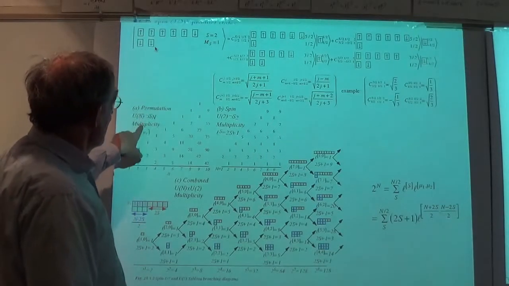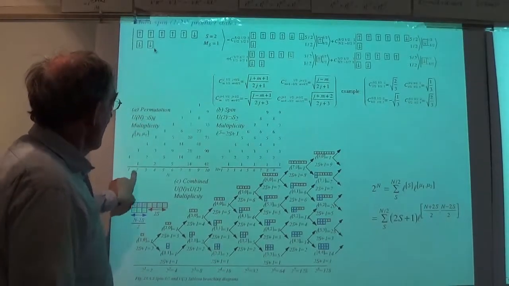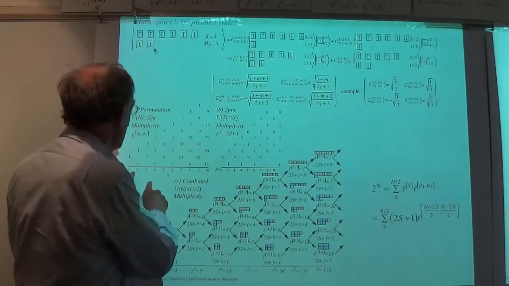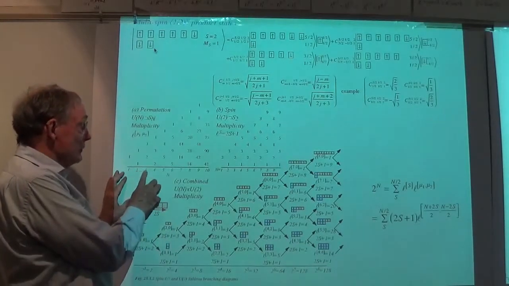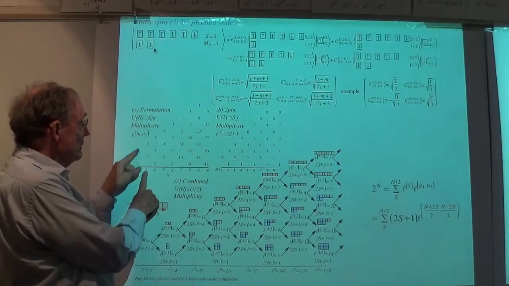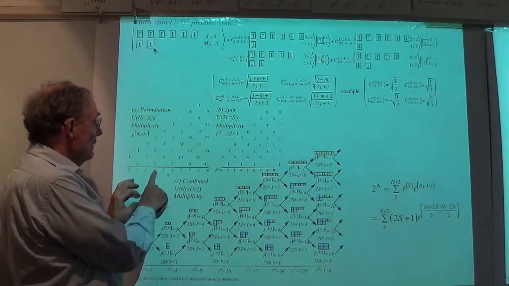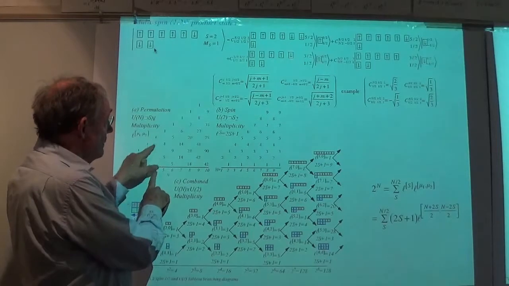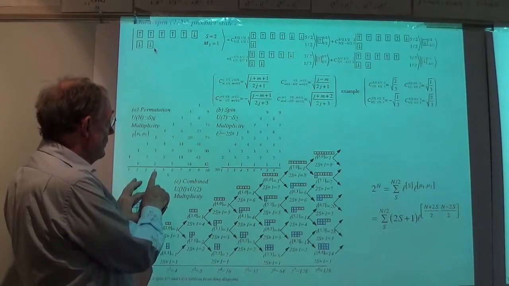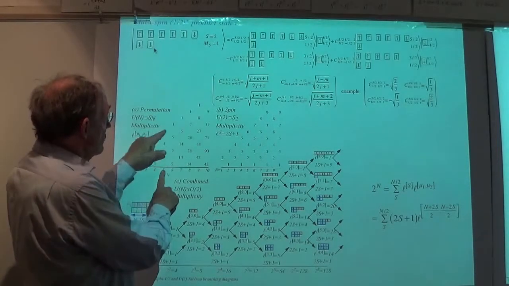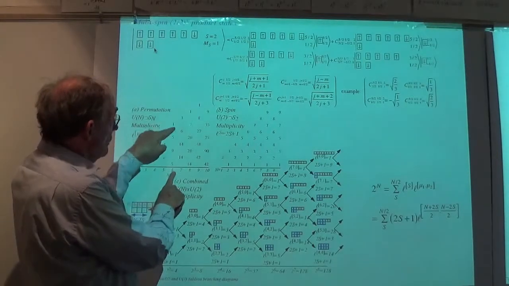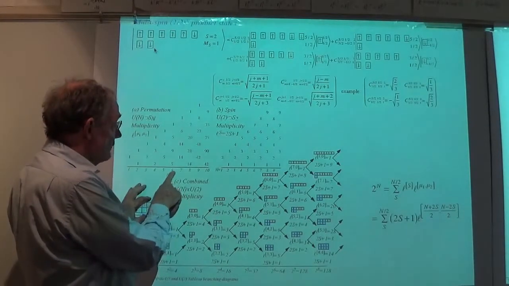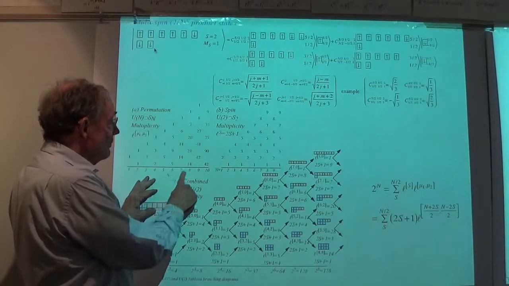Now, the permutation multiplicity for n, as I go from S2 to S3, remember I had multiplicities of 1 and 2. Then when I went to S4, we had 2, 3, and 1. Remember that was our irreducible representations. 5 has 1, 4, and 5. 6 has, this is what we used actually for SF6, and so forth, you see.